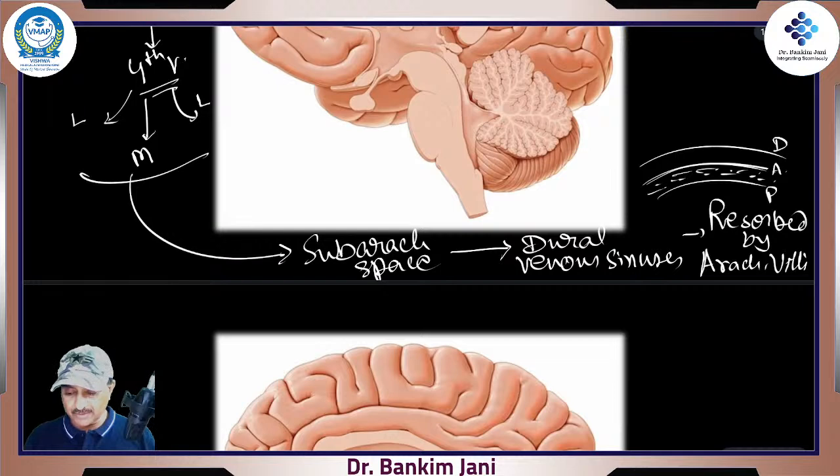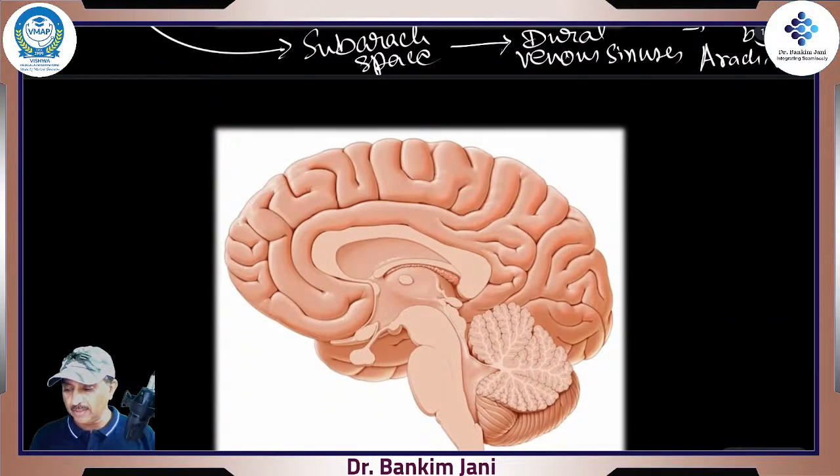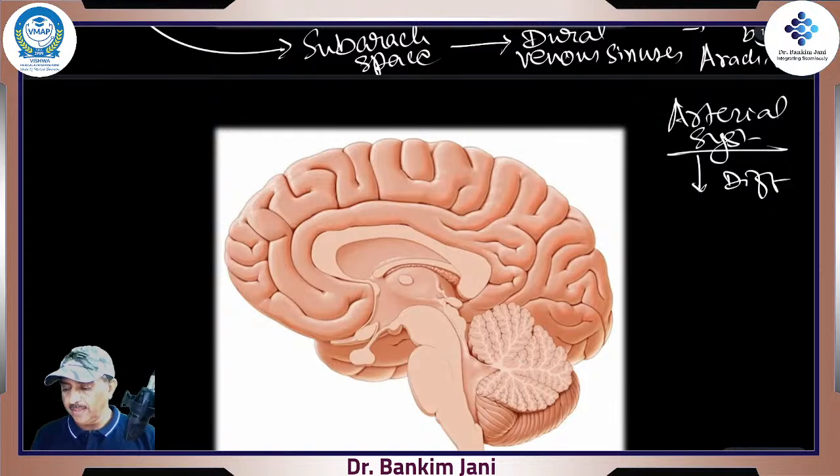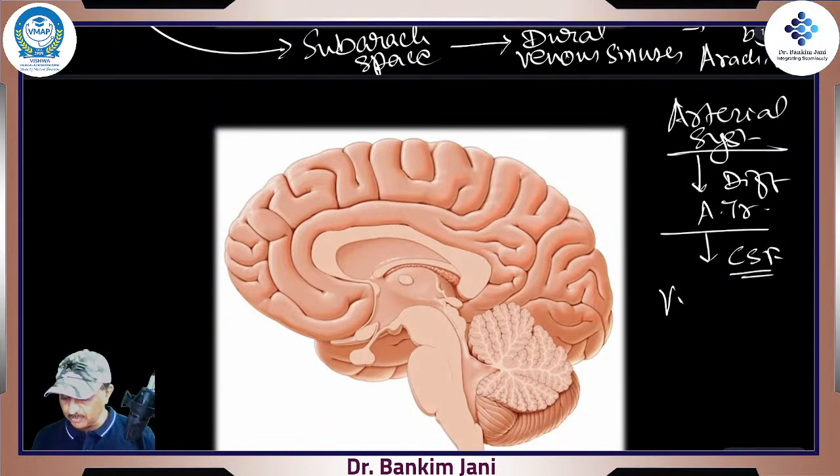See how interesting that is, starting from the arterial system, arteries, where by diffusion and active transport, it comes into the formation of CSF. That CSF has all this ventricular system.